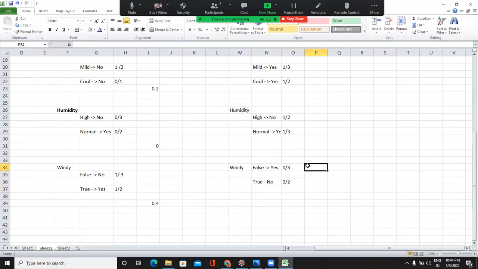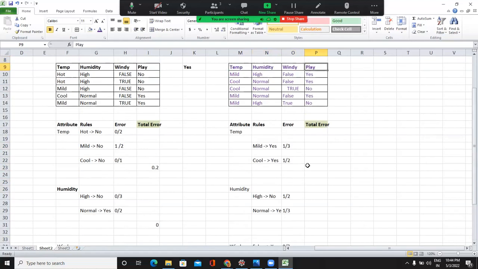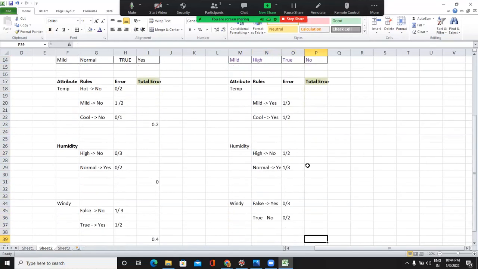So here, even if we don't total, we know that windy is going to be the next node. So 0 error here.